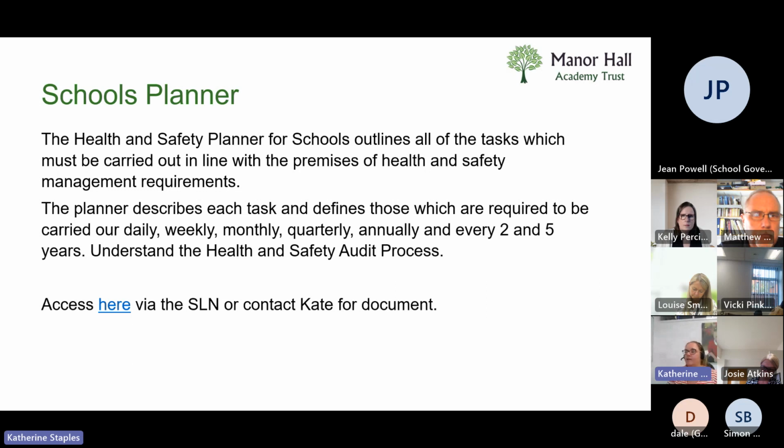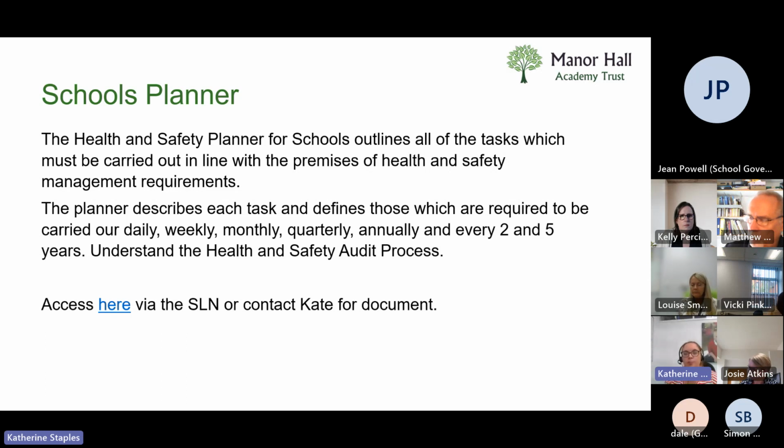I've put a link there onto the schools planner. It's a really useful document, but also through the Top Slice core offer that we provide schools with, we take care of quite a lot in terms of making sure that the legal checks are in place. So all of the enhanced water checks, the fire alarm systems, etc., are funded through that.